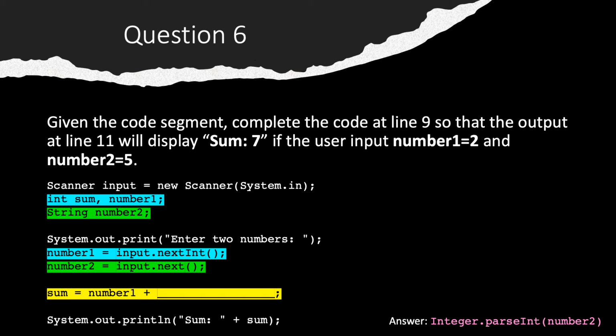So we need to change string number 2 into an integer. We will use the parseInt method from the Integer class. So we will write it as Integer with capital I because we are referring to the Integer class, dot parseInt, in brackets number 2.